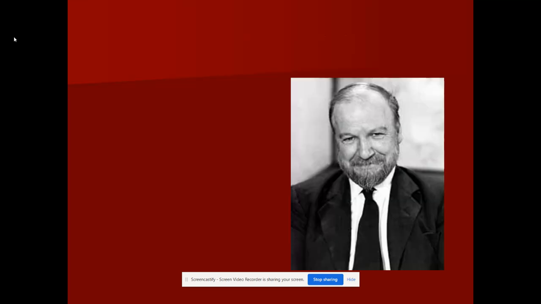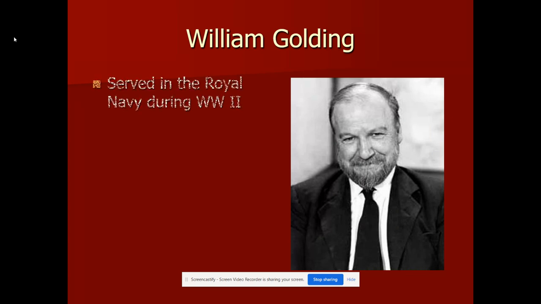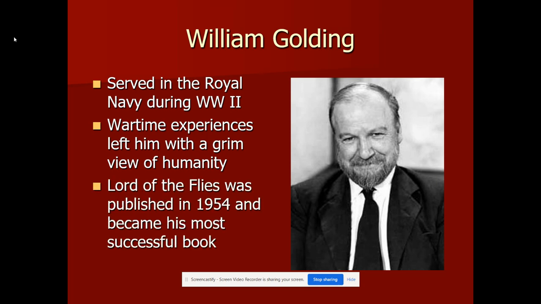Okay. Right. So the author of Lord of the Flies is a man named William Golding. Mr. Golding served in the Royal Navy during World War II. I'm sure you guys know from studying World War II in other classes that World War II was particularly devastating for England and all of Europe.